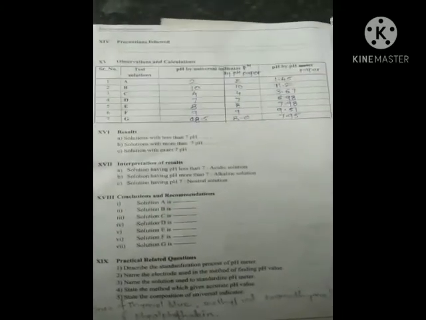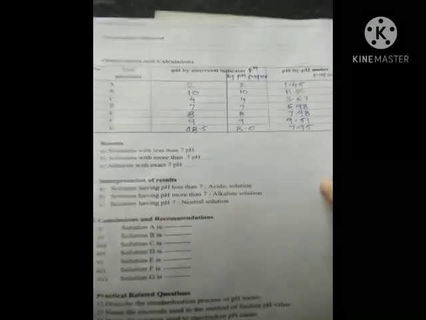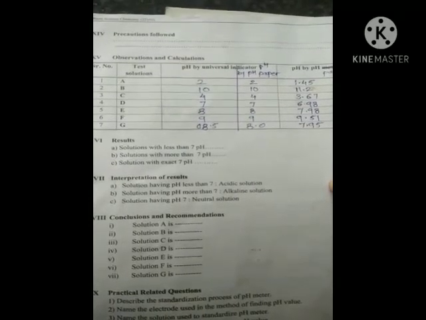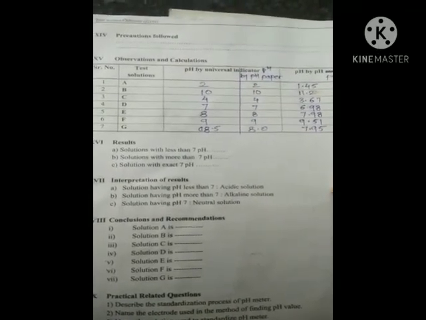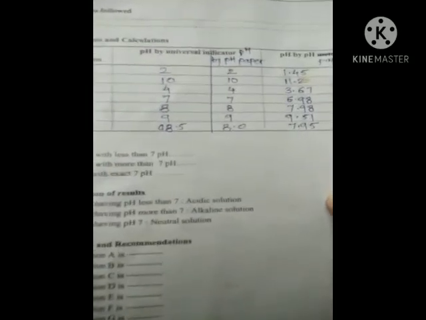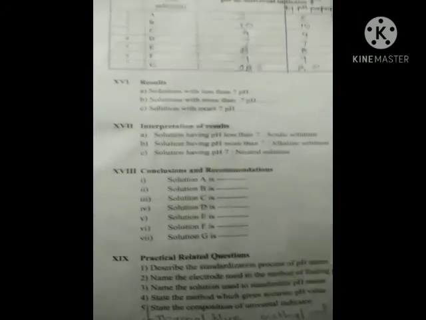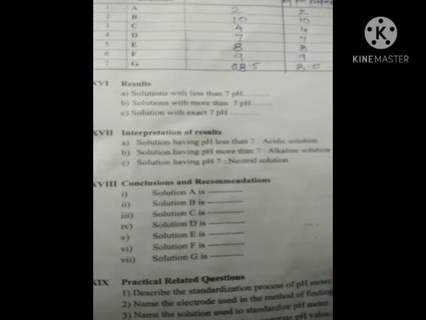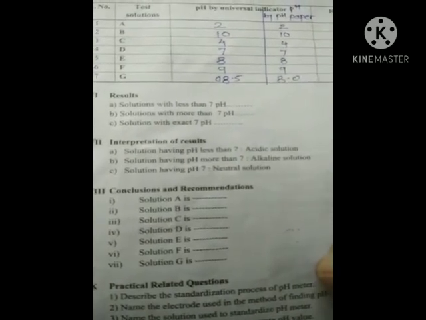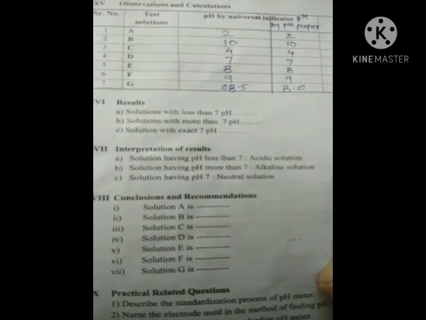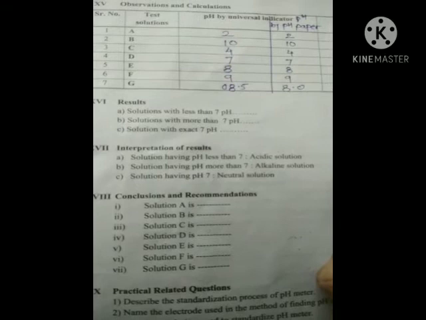Now coming to the observation part of this experiment. The observation table is provided in the manual. Test solution A to G, pH by universal indicator, pH by pH paper, and the third column is by pH meter. Depending upon the pH values, you have to enter the results. The solutions whose pH is less than 7 are said to be acidic.